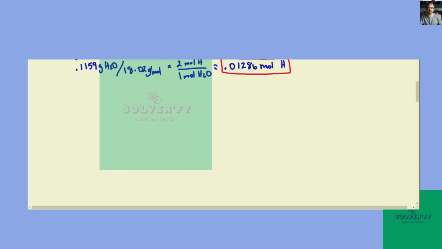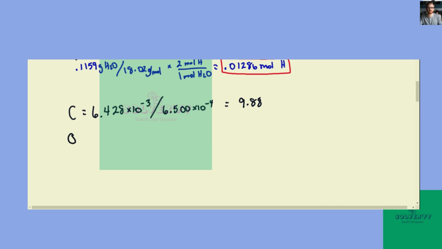In terms of carbon, we had 6.428 times 10 to the minus third. We're dividing that by the smallest value from the top, which is 6.5 times 10 to the minus fourth. This gives me 9.88.